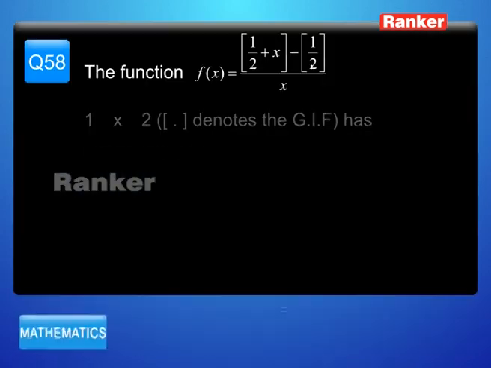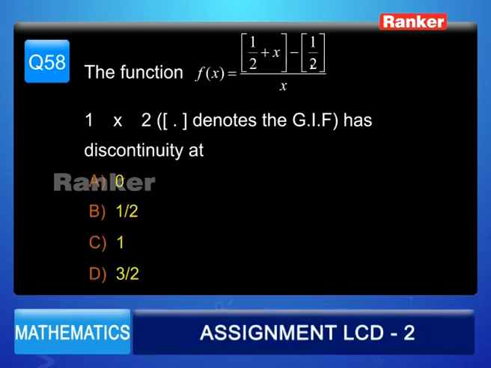Next question: the function f of x is equal to the integral part of x plus half, minus the integral part of half, divided by x, whenever x lies between minus 1 and 2. It has discontinuity at: option A, 0; option B, half; option C, 1; option D, 3 by 2.